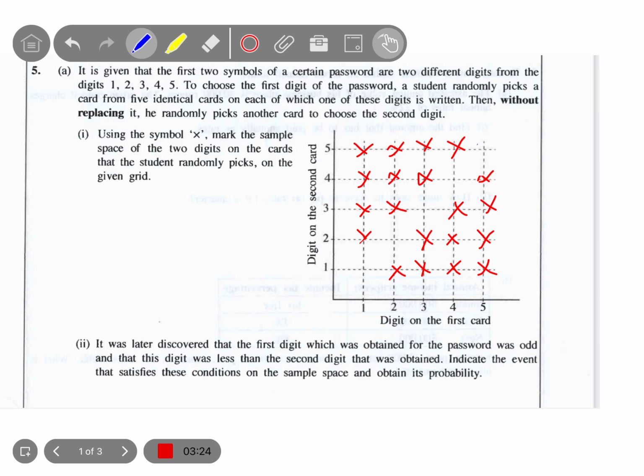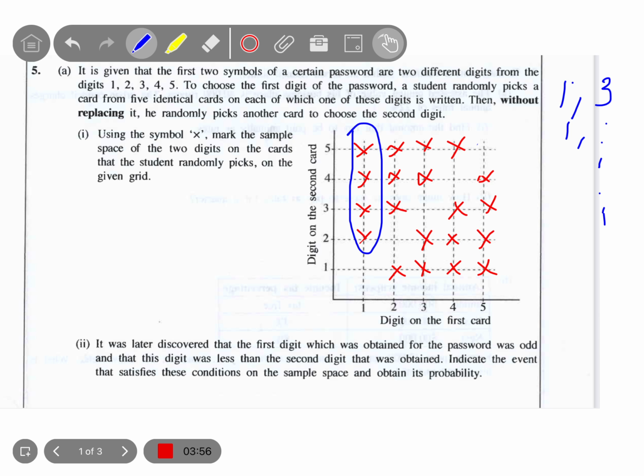The first digit was odd, and this digit was less than the second digit. So if you have selected 1, the second digit could be in fact anything, right? Because if the first digit is 1, the other digit could be 2 or 3 or 4 or 5. So all of this will match, all of that will match.